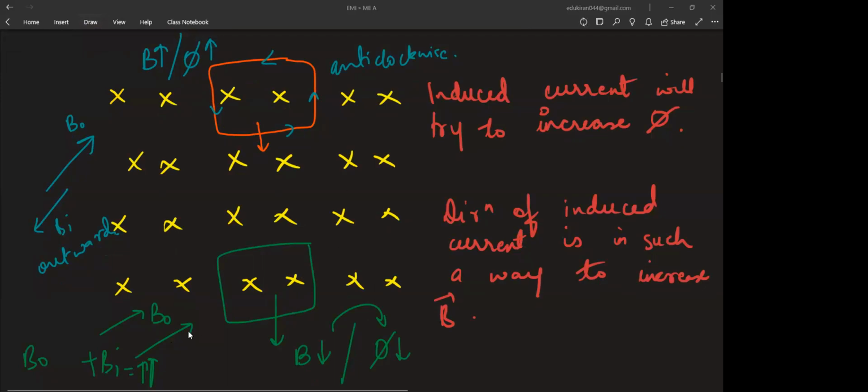Okay, correct. Now, Sufyan, you again answer. If this induced magnetic field is pointing inwards, what should be the direction of induced current in the coil? Yes, Sufyan has answered. Now you're saying anti-clockwise, Sufyan.